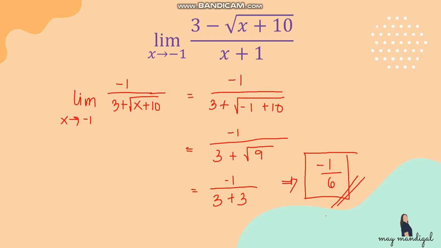One thing that we can also add is that if you substitute negative 1 to the original function, it will become 3 minus square root of negative 1 plus 10 all over negative 1 plus 1. If you simplify this, this will be 3 minus 3 all over negative 1 plus 1, or 0 over 0, which becomes indeterminate.